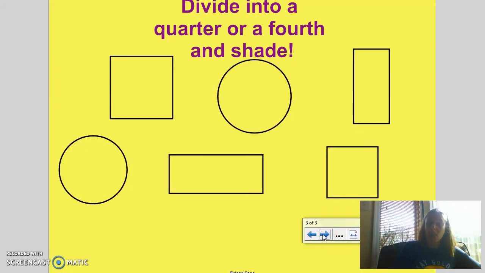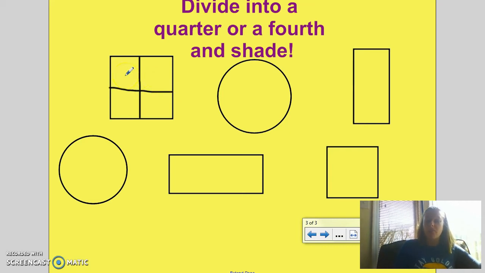All right, now we are going to divide the shape or partition the shape into quarters or fourths. So remember, quarters and fourths are the same thing. So you are going to divide it in quarters or fourths. So that's half. Then there we go.